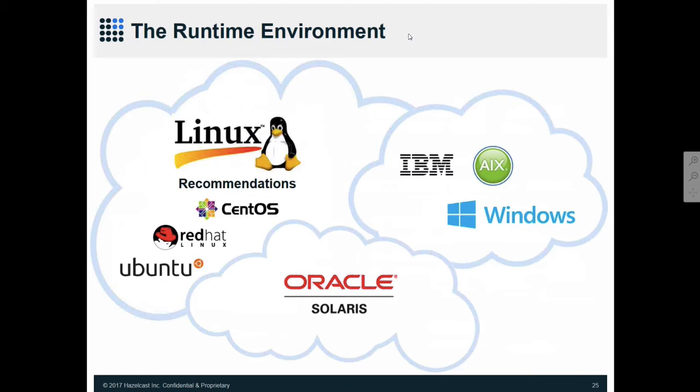At least not today. So from an operating system point of view, we always recommend Linux, and we recommend either CentOS, Red Hat, or Ubuntu. We are certified for IBM AIX for the banking customers that still use it. We definitely have some. We support Windows, and we support Oracle Solaris on the SPARC platform. I'm not sure if we have Solaris on anything else, but normally you find it on those bigger SPARC systems.